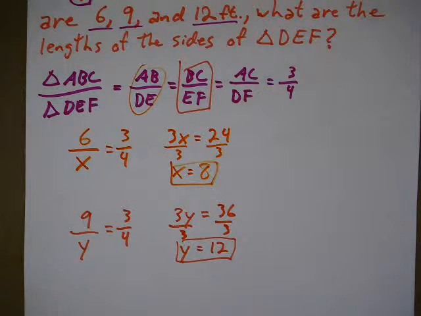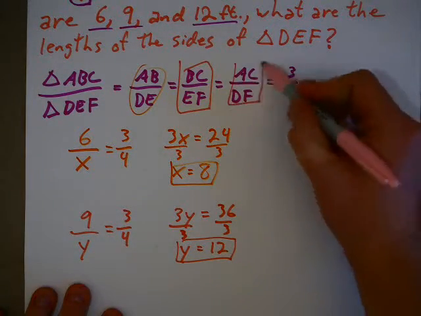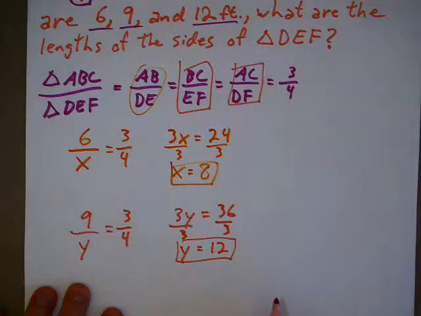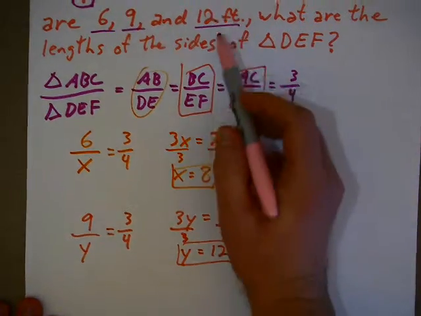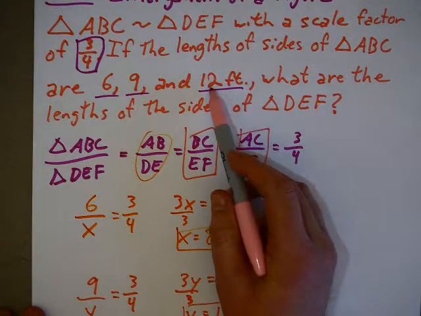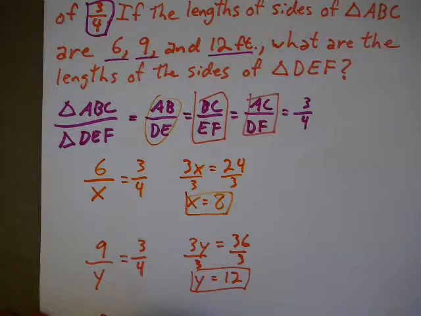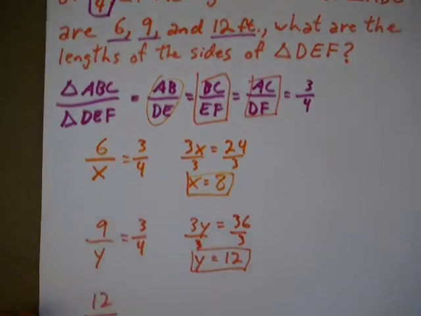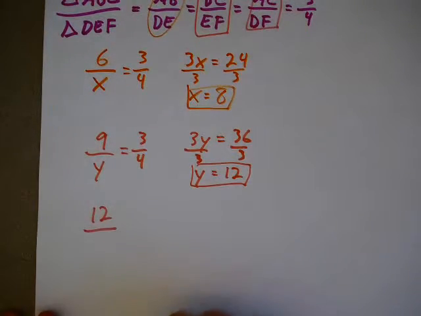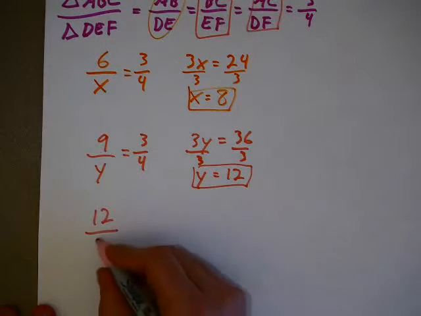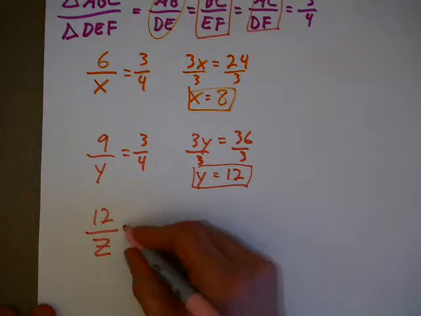And the last one we're going to do is we're going to compare AC to DF. And so we'll use our last measure that they give us, which is 12. So it's going to be 12 over some variable which we're just going to make up. We'll call it z, because I've already used x and y.